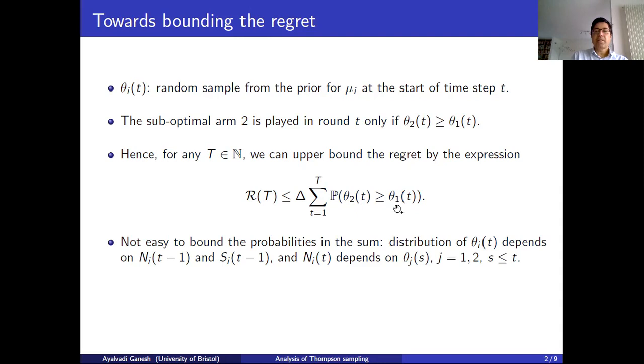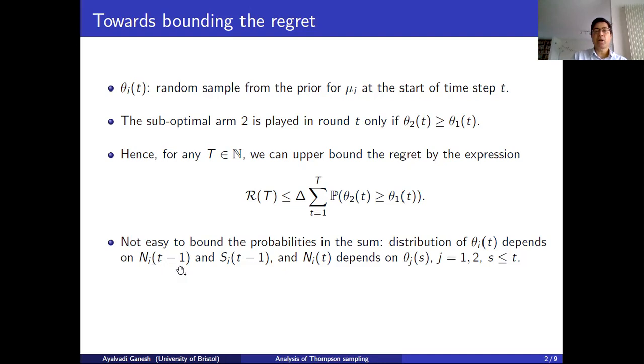So theta2 and theta1 are beta random variables, but if we were given the parameters of the beta random variables, this probability would just be a calculation. But we are not given the parameters. The parameters are determined by the history up to this time.